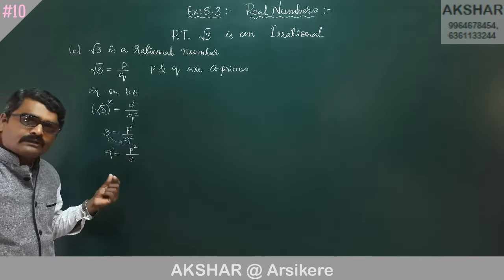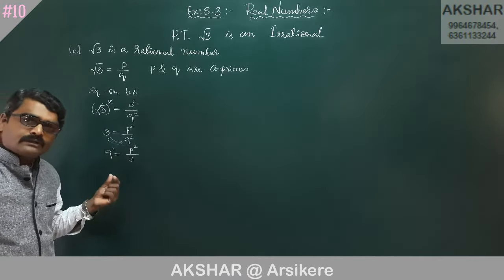If p square is divisible by 3, then p is also divisible by 3. Then 3 is, very good my dear children, a factor of p square and p, right? 3 is a factor of p square and p.